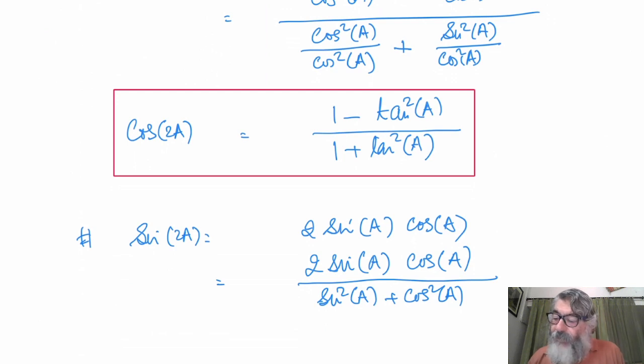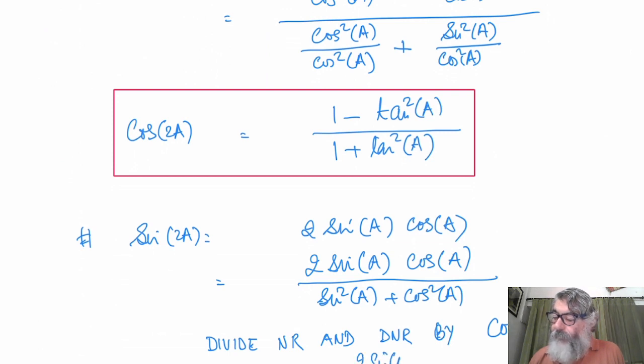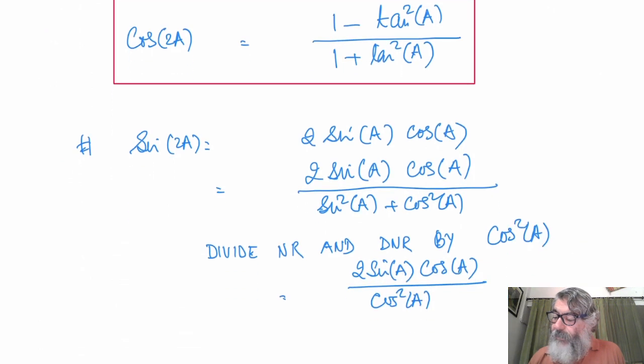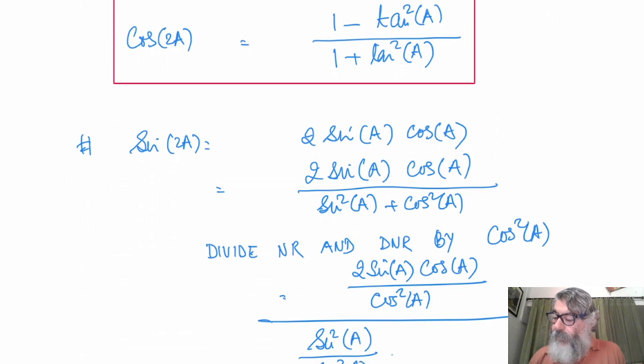Again, divide numerator and denominator by cos square A. So it will become 2 sin A cos A upon cos square A, and upon sin square A upon cos square A plus cos square A upon cos square A.